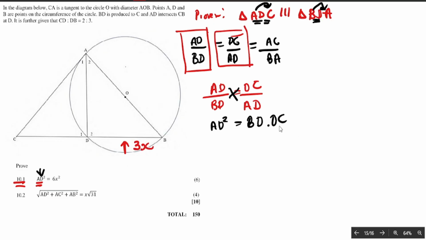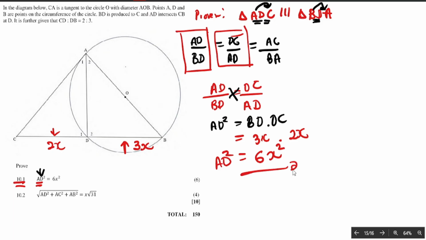And then DC, this one here, is 2x. So BD, which is 3x, multiplied by DC, which is 2x, means AD squared is equal to 6x squared. So this is going to be the final answer for this problem here.